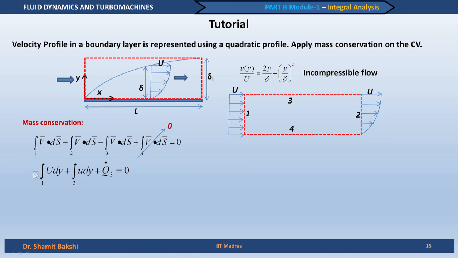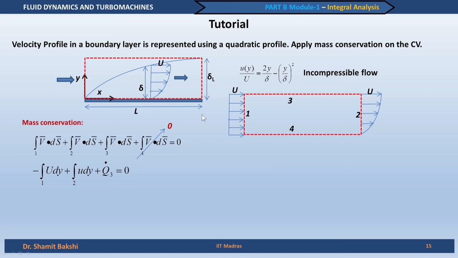So, how does this become minus? This comes with a negative sign, because the magnitude of velocity is uniformly capital U, and the direction of velocity is positive, in the positive x direction, but the direction of the area vector is perpendicular to this surface 1.